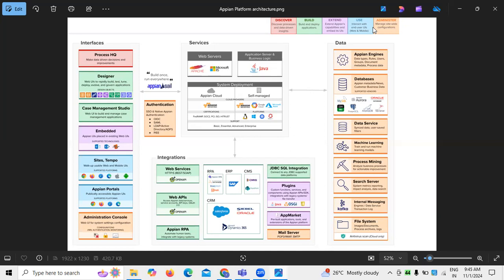So let us understand what exactly the responsibilities or the skill sets required for an Appian architect are. Because there are multiple architect types, like business architects, systems architects, application architects, data architects, cloud architects, all that. And one of the key important architect roles we see now and then is the solution architect. That is what we are discussing now.